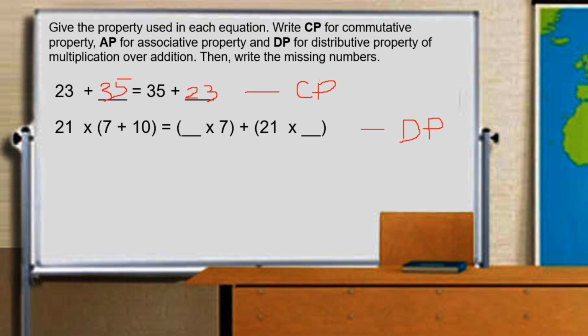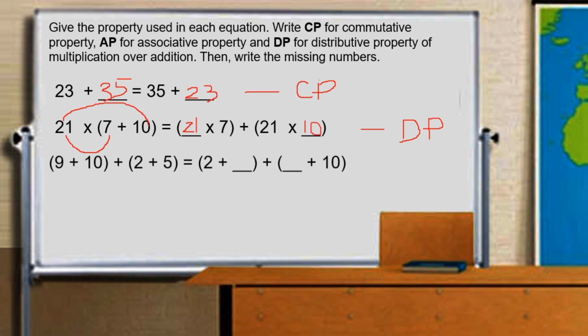So, kung ito ay distributive property, i-distribute natin to. So, 21 times 7. And then sa kabila, ito ay magiging correct. 21 times 10.